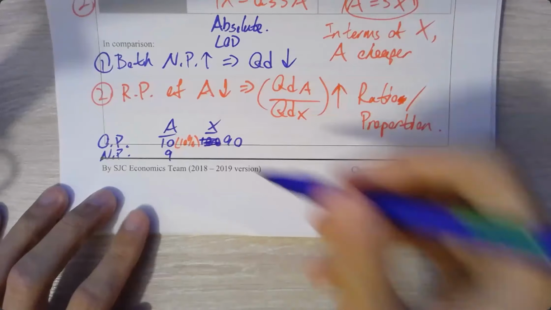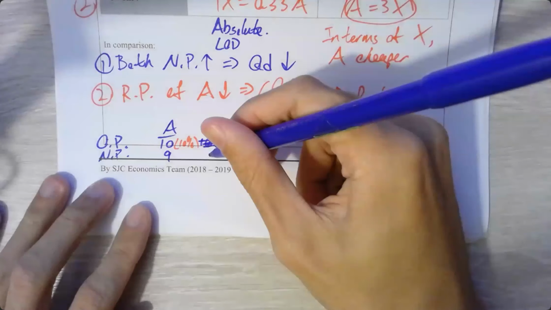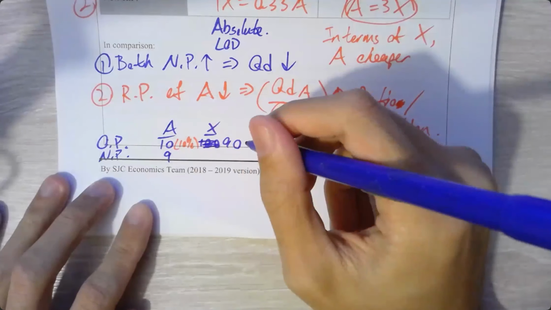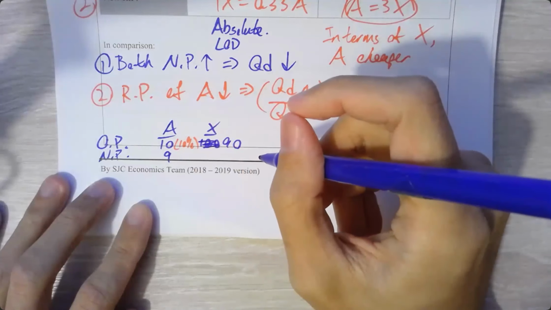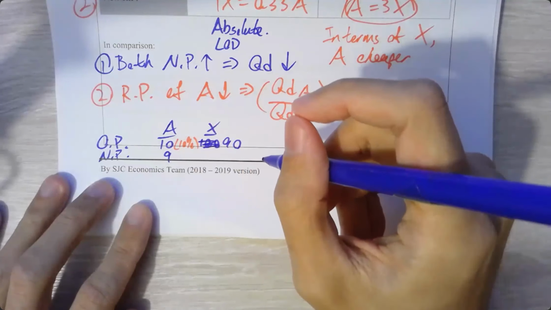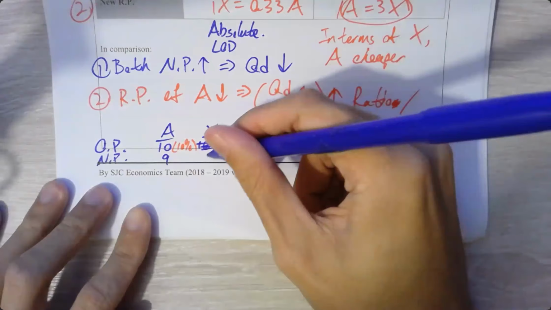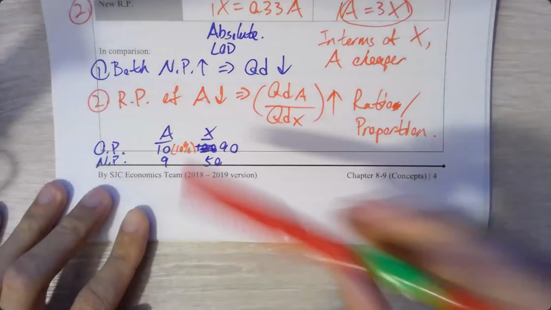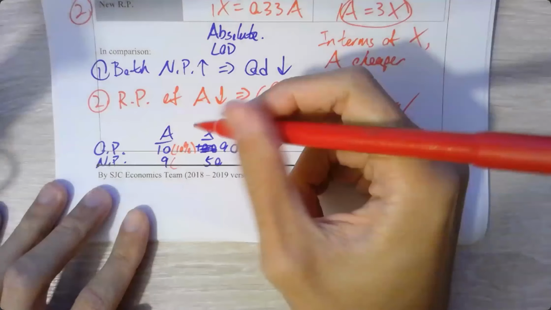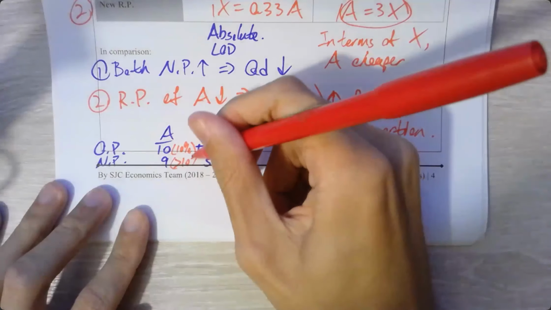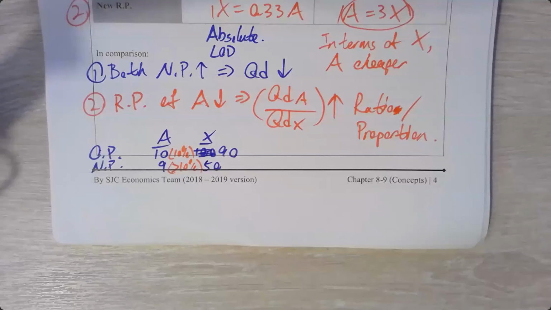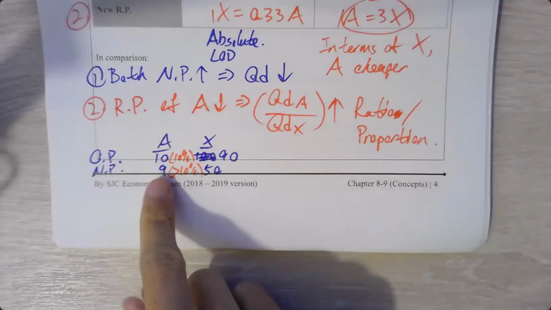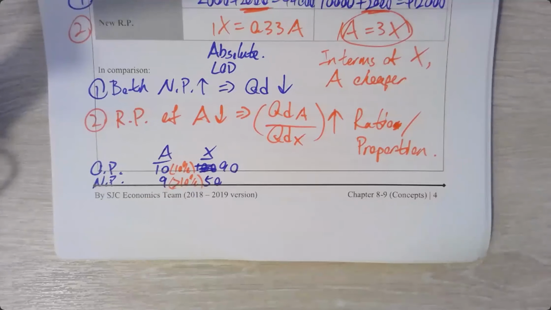Let's say for example it becomes 50. Here you will see immediately that 9 out of 59 is larger than 10% of market share. Apple's share of the market would become higher.